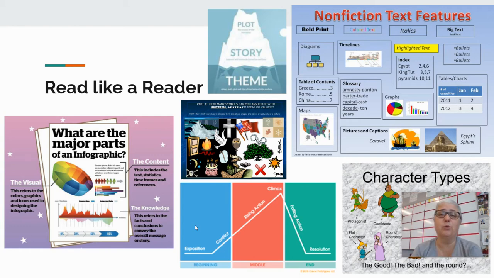That's where we come up with different types of conflict: man versus man, man versus self, man versus nature. From there, the events that take place make the conflict more and more serious. The stakes are being raised. It gets more tense, I guess you would say, until you reach the climax.